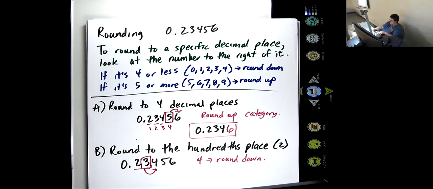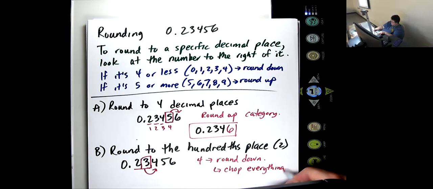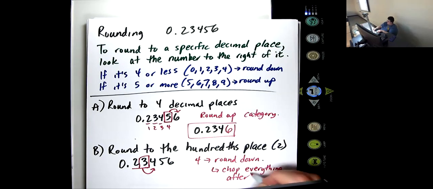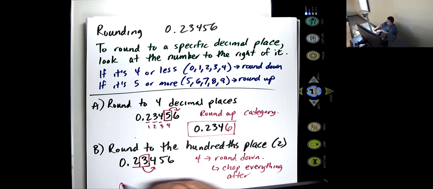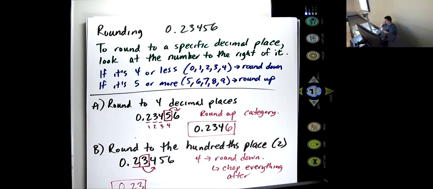Round down just means chop off everything after. So this is going to go to 0.23, and that's it. That's the final answer there. When we say round down, it doesn't mean lower the number.